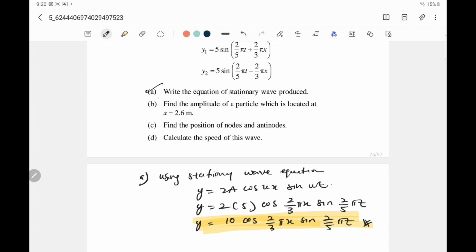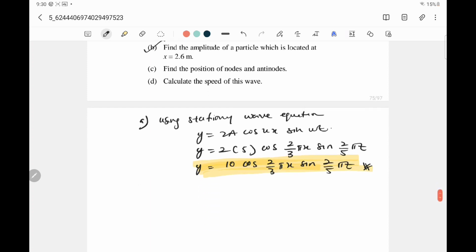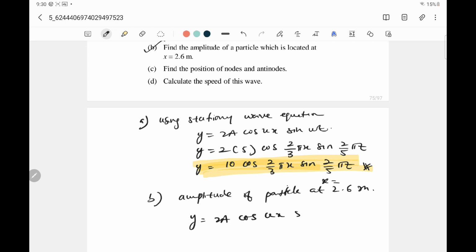Okay, question 1b. Alright, so b, the amplitude of the particle at x equal to 2.6 meters. So we have y equal to 2a cos kx sine omega t.